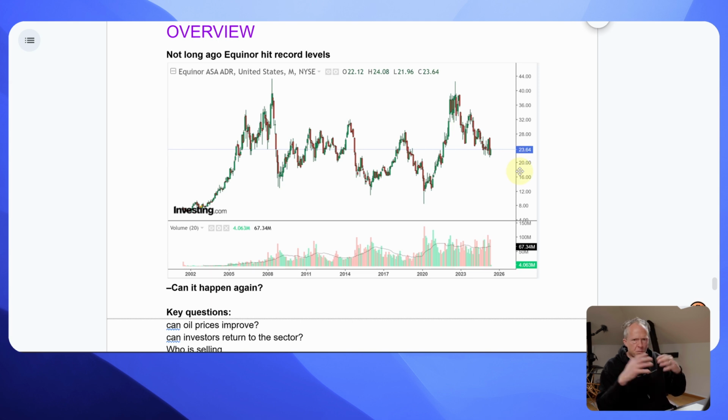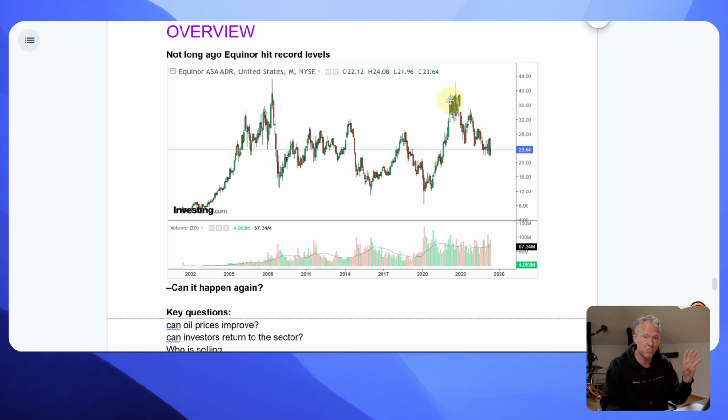Well, let's zoom out a bit and look at Equinor's long-term stock price. Looking back 25 years, we can see it's not long ago that Equinor's share price actually hit record levels. It came from a bottom here of less than 10 and went all the way up to above 40. So you got a 4x return in just a few years. That could happen again.